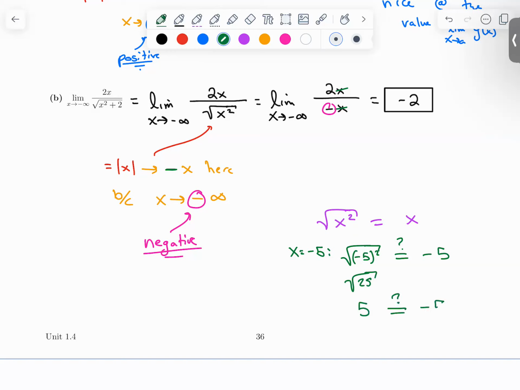And does +5 equal -5? No, it does not. So in order to ensure that this is a true equation, you tack on the absolute value sign, because then this is the absolute value of -5, which makes it +5. Does that make sense? Great question. That's a very, very important question about radicals.